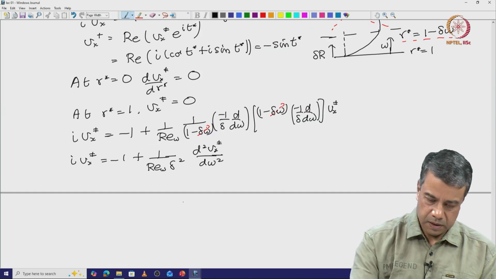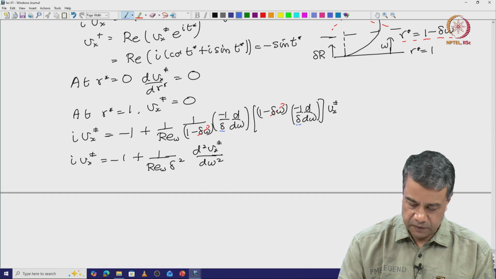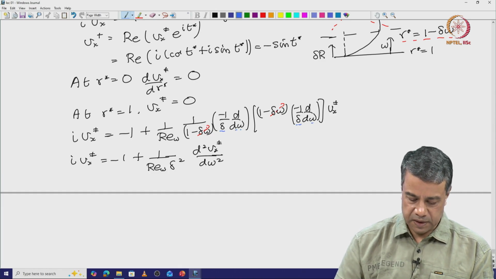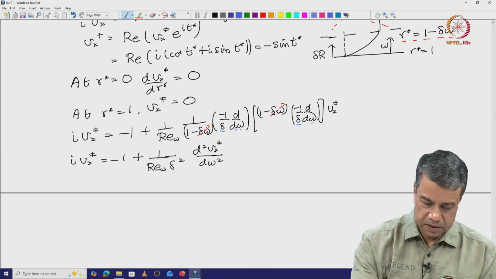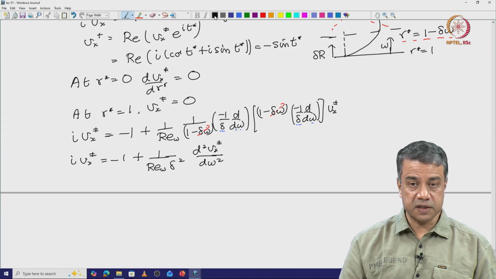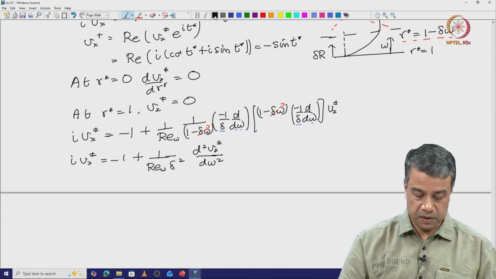Note that I have a 1 over delta here and a 1 over delta here, one derivative and a second derivative. So, I get d square Vx by dw square times 1 over Re omega and delta square. So, what is the region within which the viscous term is comparable to all the other terms in the limit as Re omega goes to infinity?